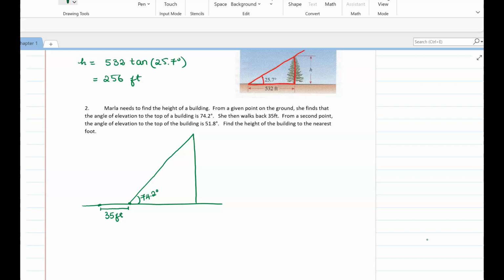From the second point, the angle of elevation to the top of the building is 51.8 degrees. And we want to find the height of the building to the nearest foot.